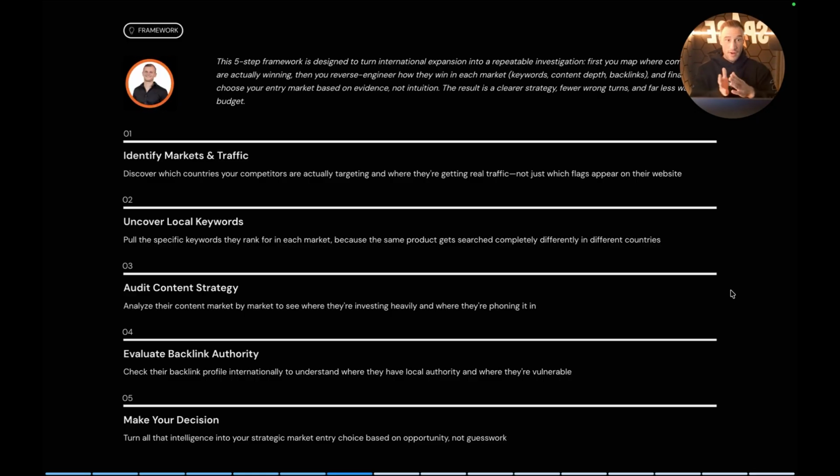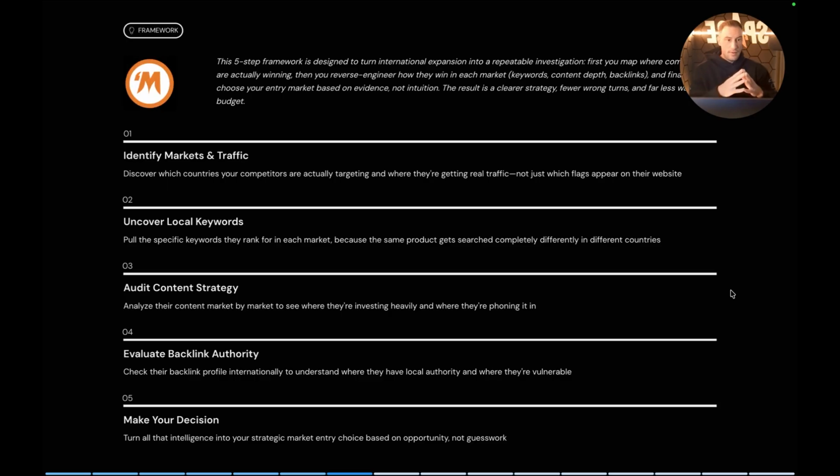So maybe they already have great traffic in France, and you see that they currently have only built 40 backlinks, which is not a lot, and you think France is an interesting market for you, and all the other data is showing that, hey, maybe it's good to go to France and then invest in 150 backlinks compared to 40 of your competitor, because then you will surpass them and you will get the traffic. So all these things tie into decision making.